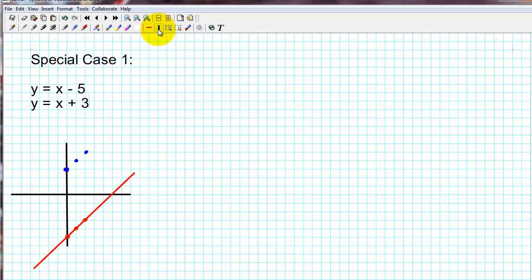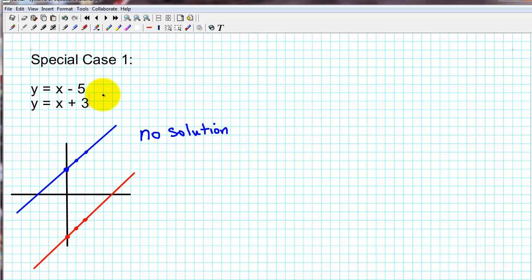Let's draw the line, and we have our second line. And these are parallel lines. Where do those lines intersect? Because we saw at the very beginning the solution to this system is where the lines intersect. So from the graph we can tell that there is no solution that we can find that will solve both equations.